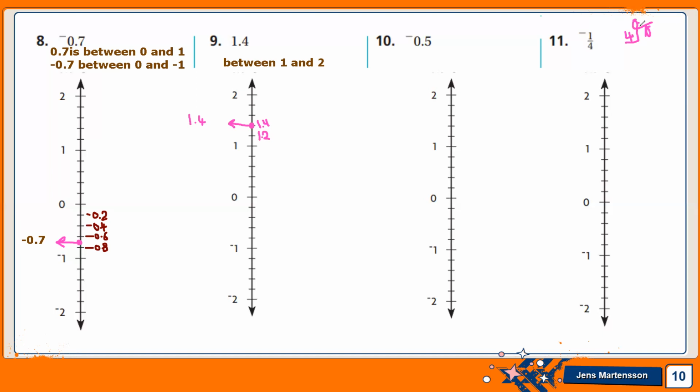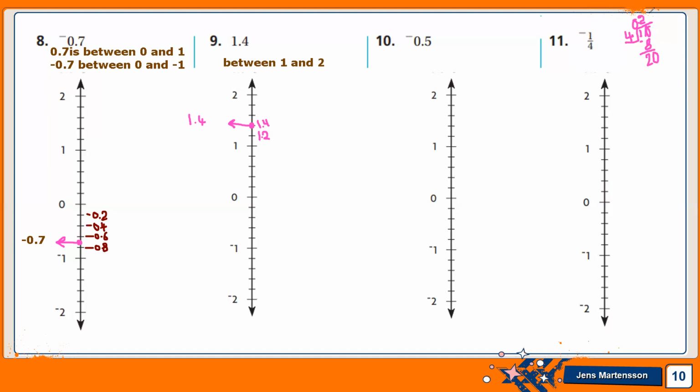Yalla. 10 divided by 4. It's 2. 2 times 4 is 8. Then subtract it from 10. Then you will add 0.